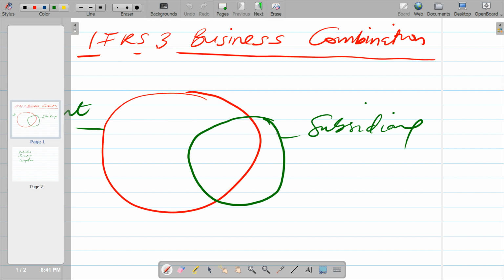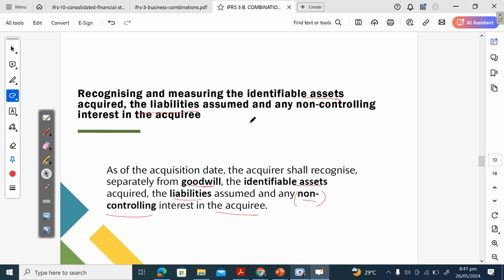As you can see, the subsidiary is this circle you can see here, and the parent has acquired this portion. Now this portion is what we refer to as the non-controlling interest, also known as NCI. So the non-controlling interests are the other shareholders apart from the parent. Okay, they are called the non-controlling interests.